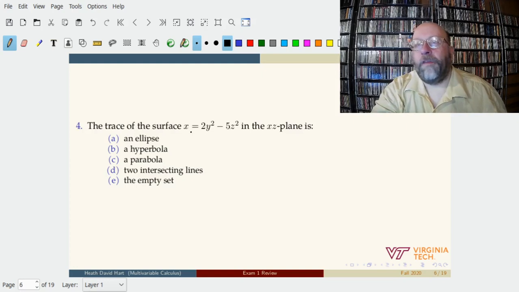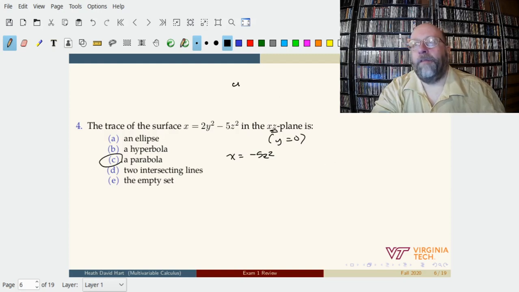The trace of the surface x equals 2y minus 5z squared in the xz plane, and so y is equal to 0. Well, if y is equal to 0, this is x equals negative 5z squared. One of these variables is squared and one of them isn't. That's a parabola. It's like y equals x squared, but it's in the xz plane.